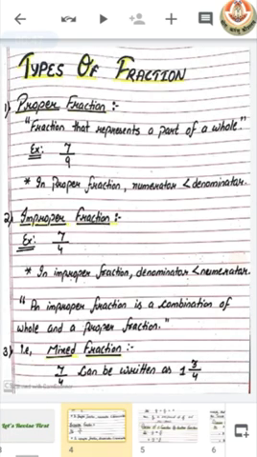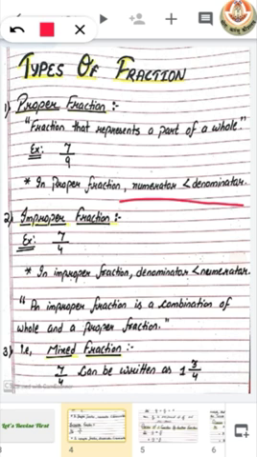So we know that there are basically three types of fraction. The first one is proper fraction, in which the numerator is smaller than the denominator. Whereas the second type, improper fraction, has a denominator smaller than the numerator.